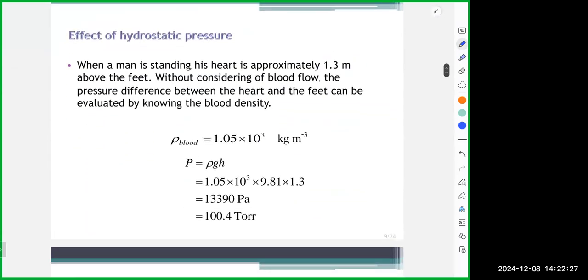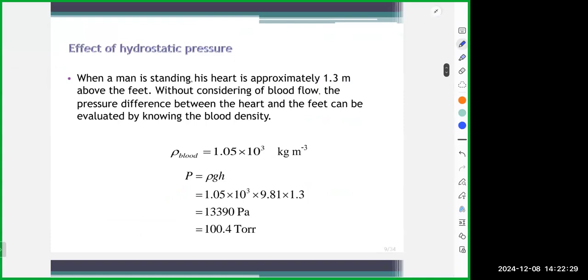So here is just an example of the effect of hydrostatic pressure. In this case, for example, there is a man standing here. And his heart is just above his feet, 1.3 meters.